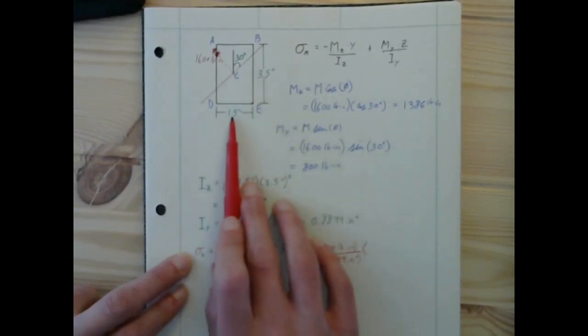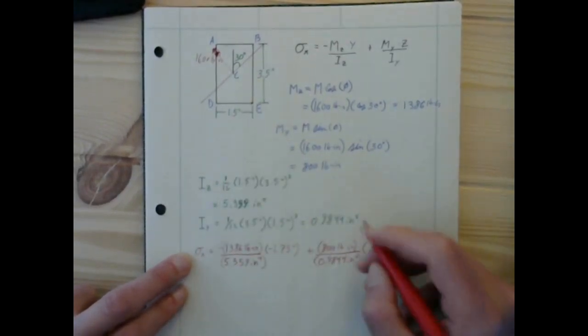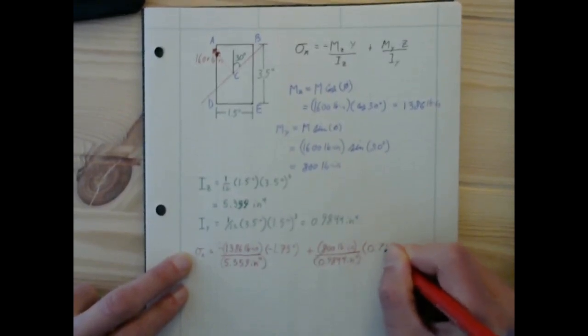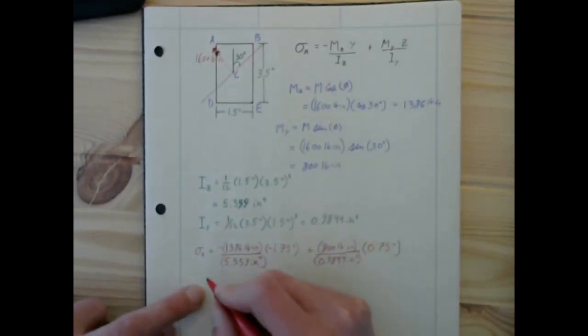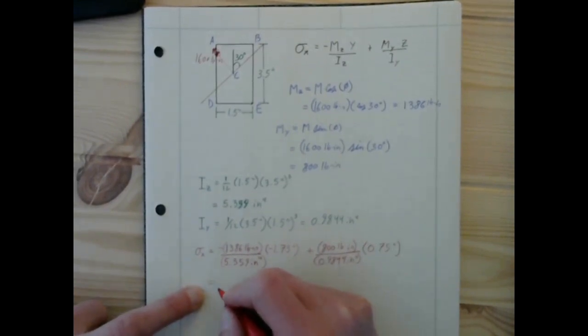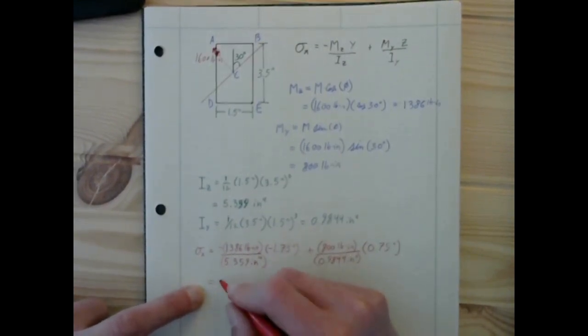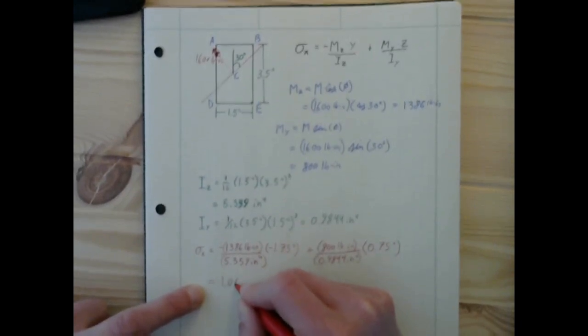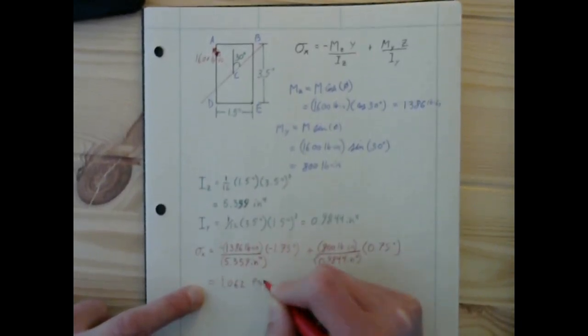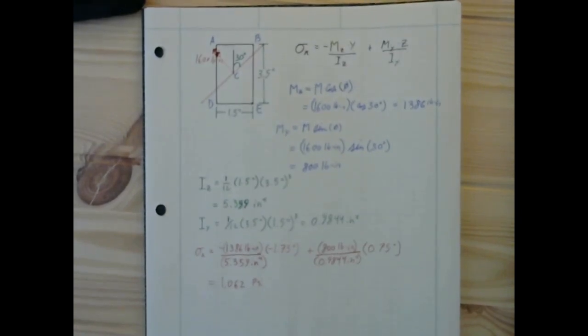That's going to be 1/2 of 1.5 because we're still going for E, so 0.75 inches, and that's going to give us 1,062 psi for our maximum stress. In this case, we've got a lot of symmetry going on, so we can go ahead and say that the minimum stress would be the exact same. It'd just be at point A, and it would be negative 1,062 psi.